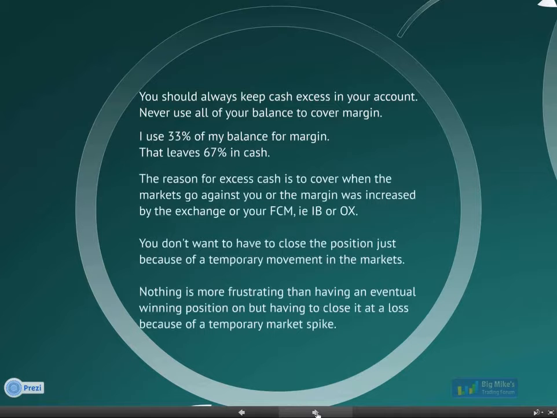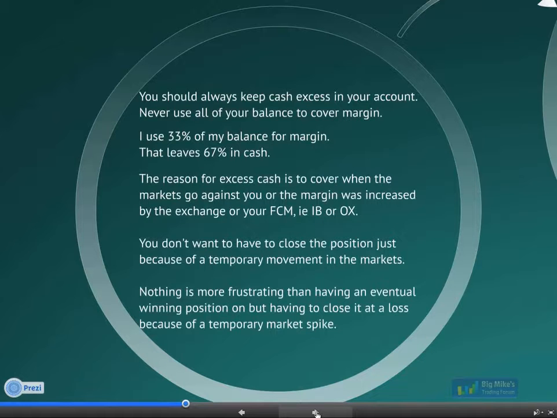The reason for the excess cash is to cover when the markets go against you or the margin is increased by the exchange or by where you're trading at, for example, IB or Options Express. There's no rhyme or reason. Usually when things get more volatile, they increase it, and then when things are less volatile, they decrease it, but sometimes there's no rhyme or reason when they do that.